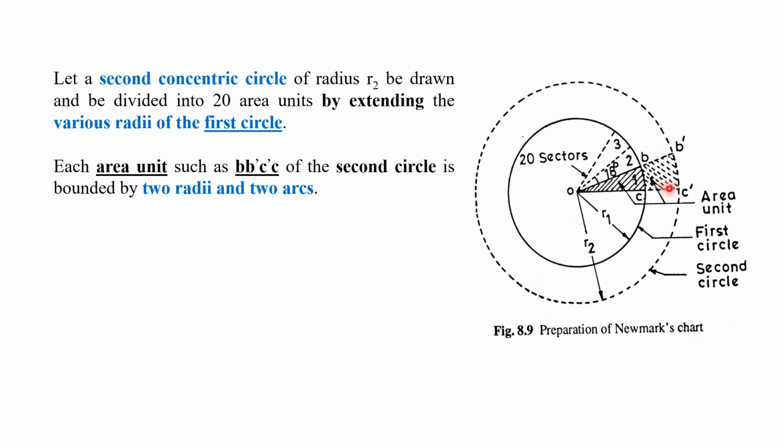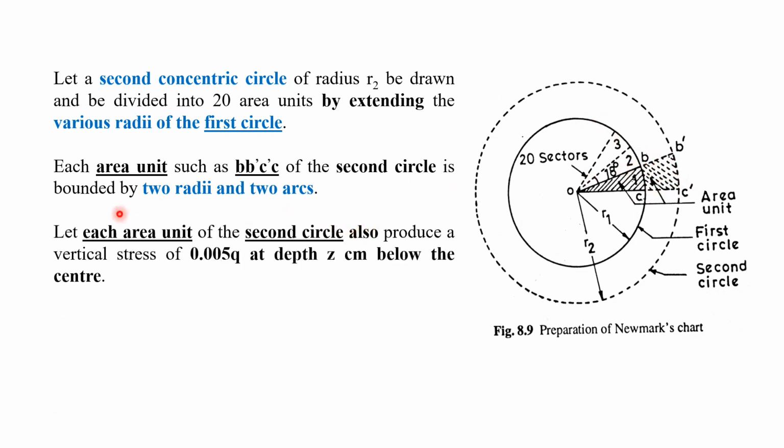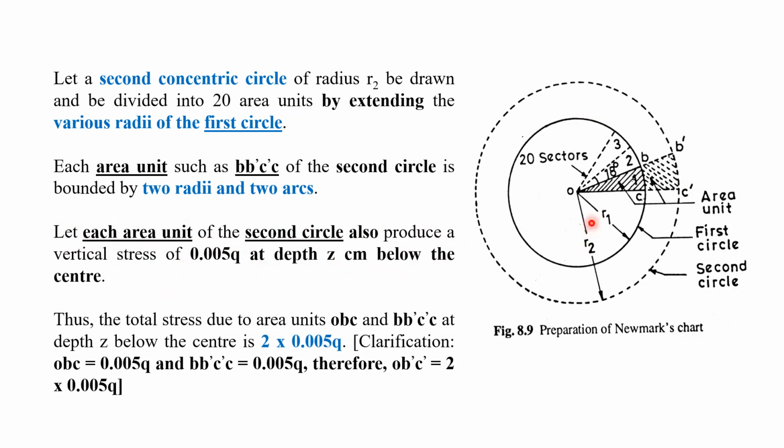This area is also an area unit for the second circle. Now he has also assumed that each area unit of the second circle also produces a vertical stress of 0.005 q at depth z below the center.